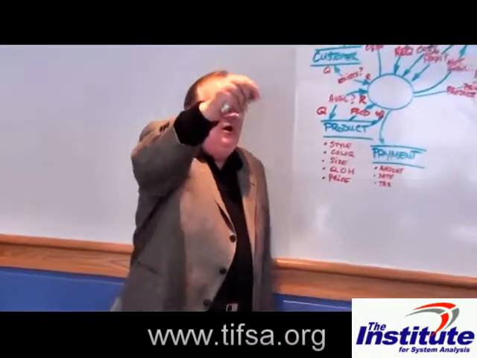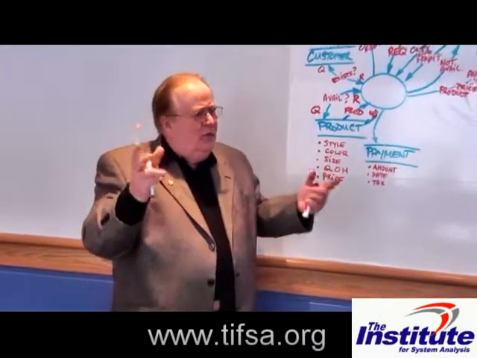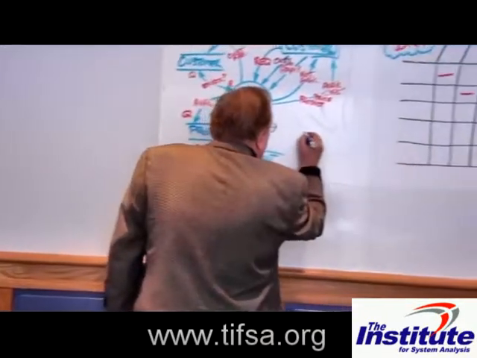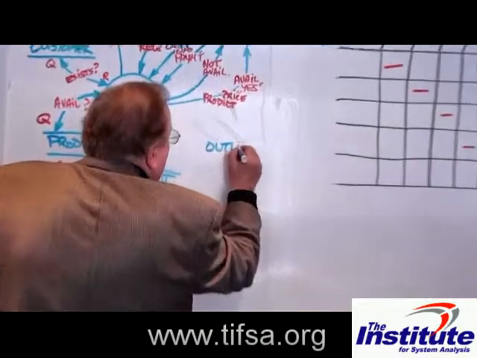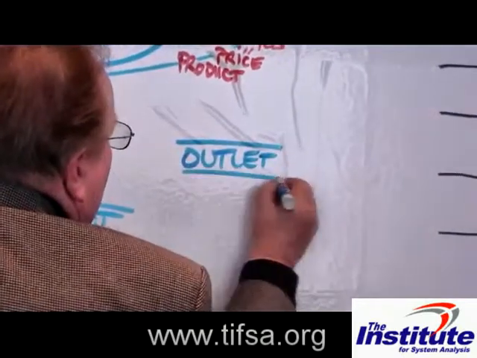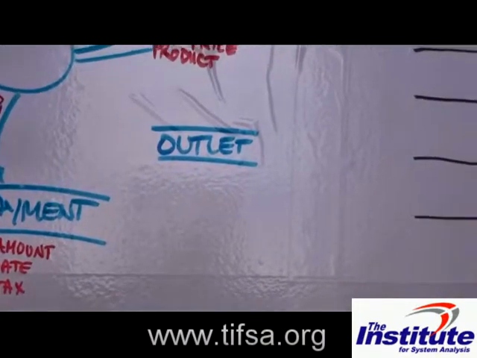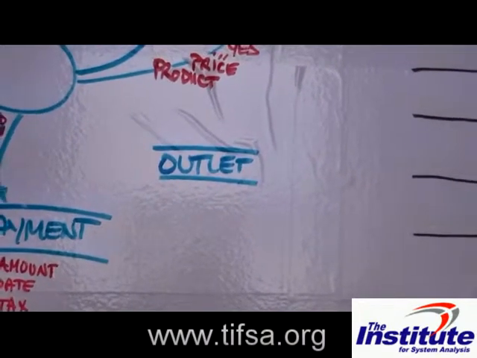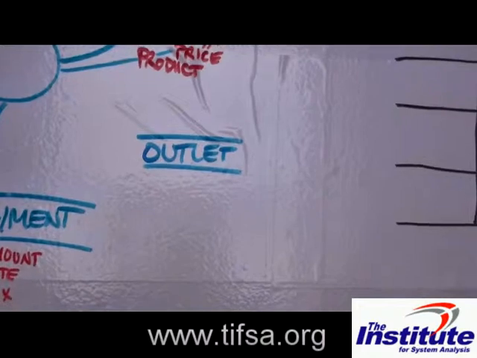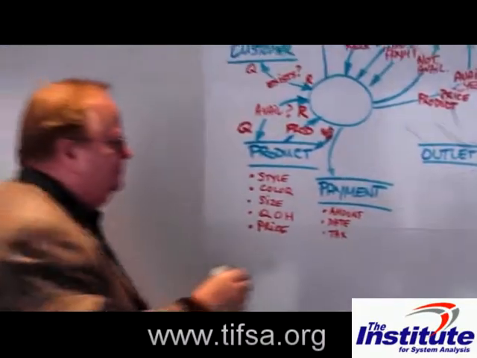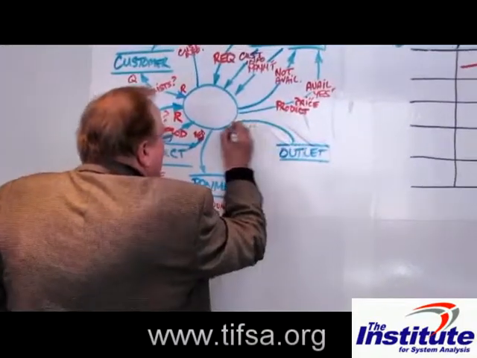So when I say store, most people would say, aha, it's a place you walk into. 1% would think of an internet store, of course, right? So instead of calling it a store, I'm going to call it an outlet. Because an outlet could be anything, whether it be a grade A store or a class D store, depending on different kinds of mix of products, or whether it be an internet store. It doesn't matter what it is.